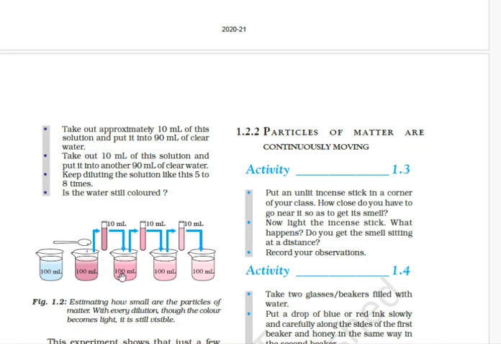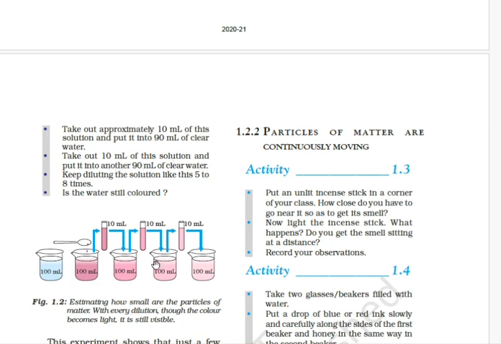Then again we take 90 ml of water and 10 ml from the previous beaker. So 90 ml water and 10 ml previous solution, total 100 ml. Again take out 10 ml of the solution and put it in another 90 ml of clear water.